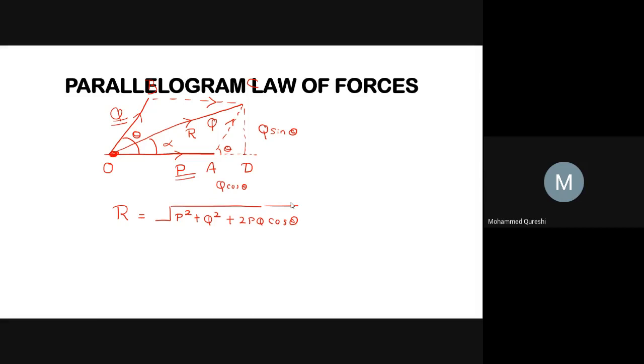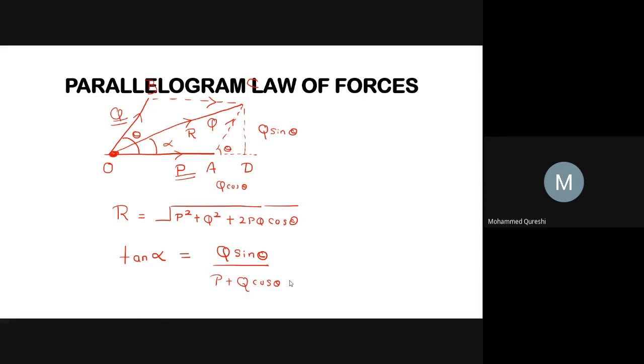And you have to find the value of alpha, the angle between P and R, by the equation tan alpha equals Q sin theta upon P plus Q cos theta.